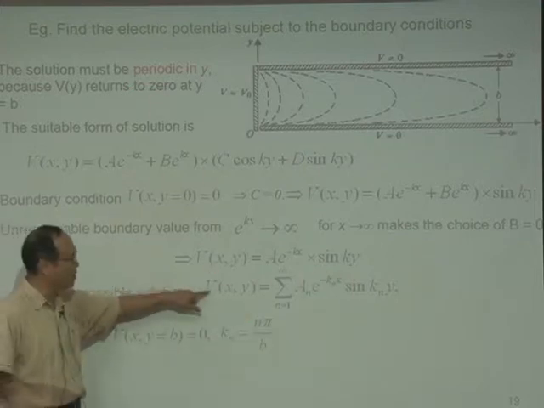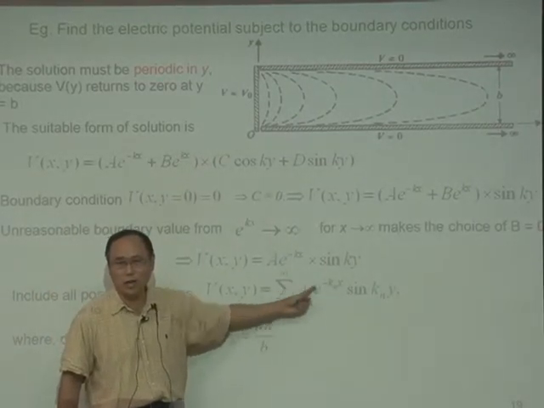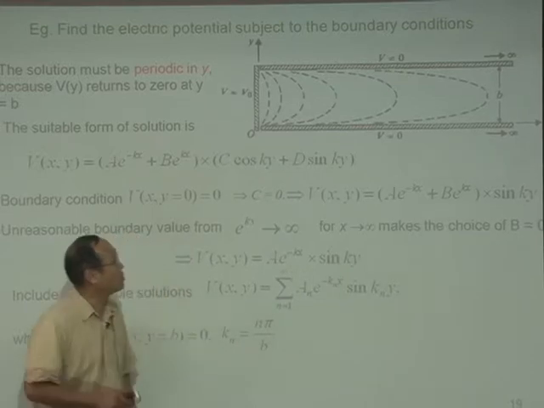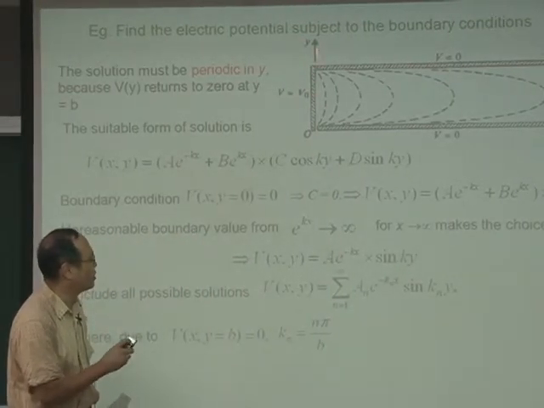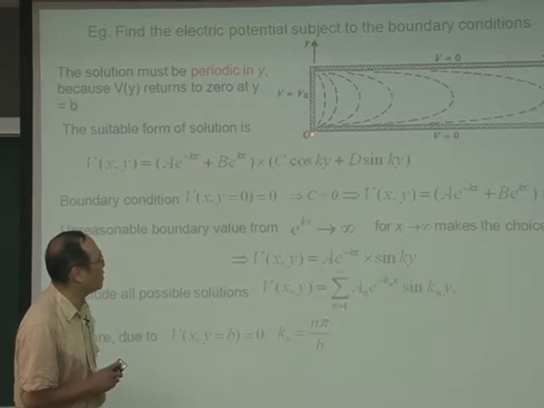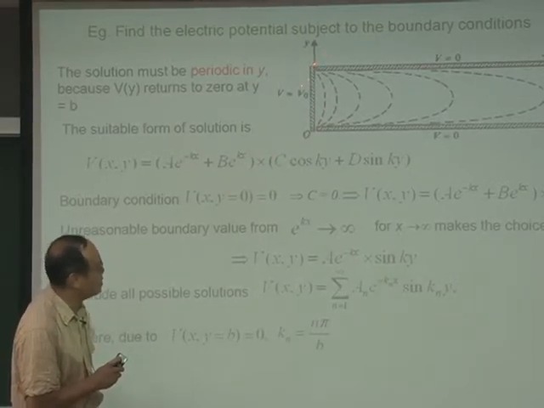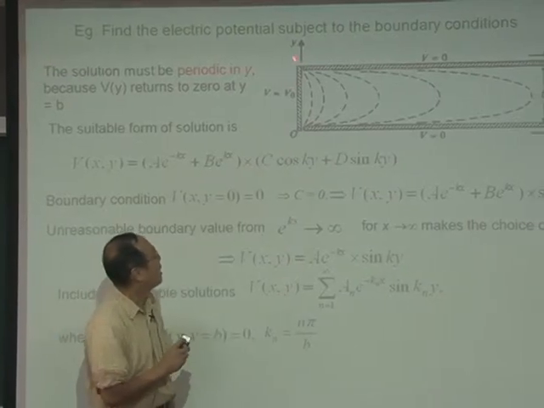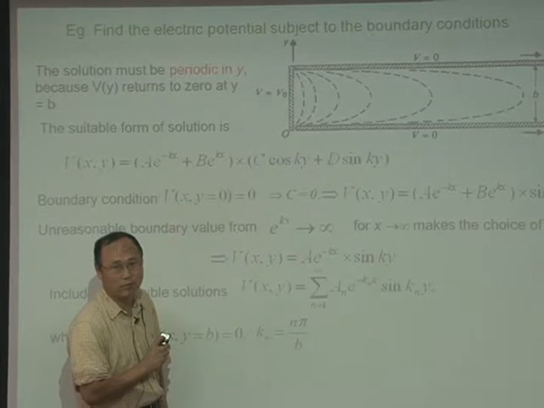你跟刚刚一样，you end up having an infinite sum with an unknown coefficient. Now is the time to apply this boundary condition. 这个 boundary condition 告诉你说 well, if I have a y value between 0 and b, I have a constant voltage equal to v0.